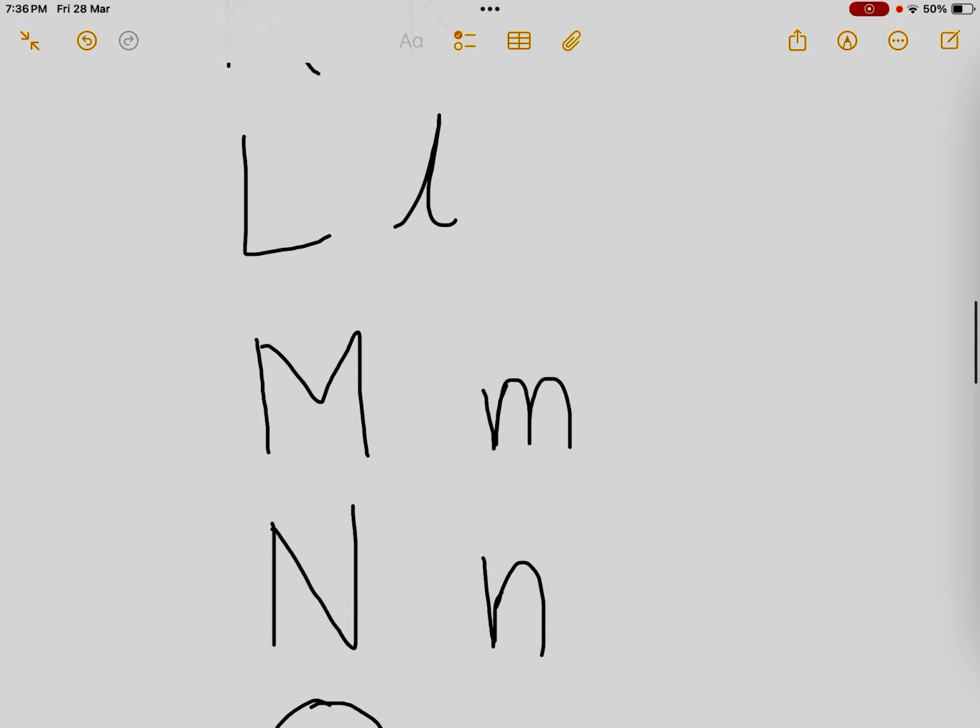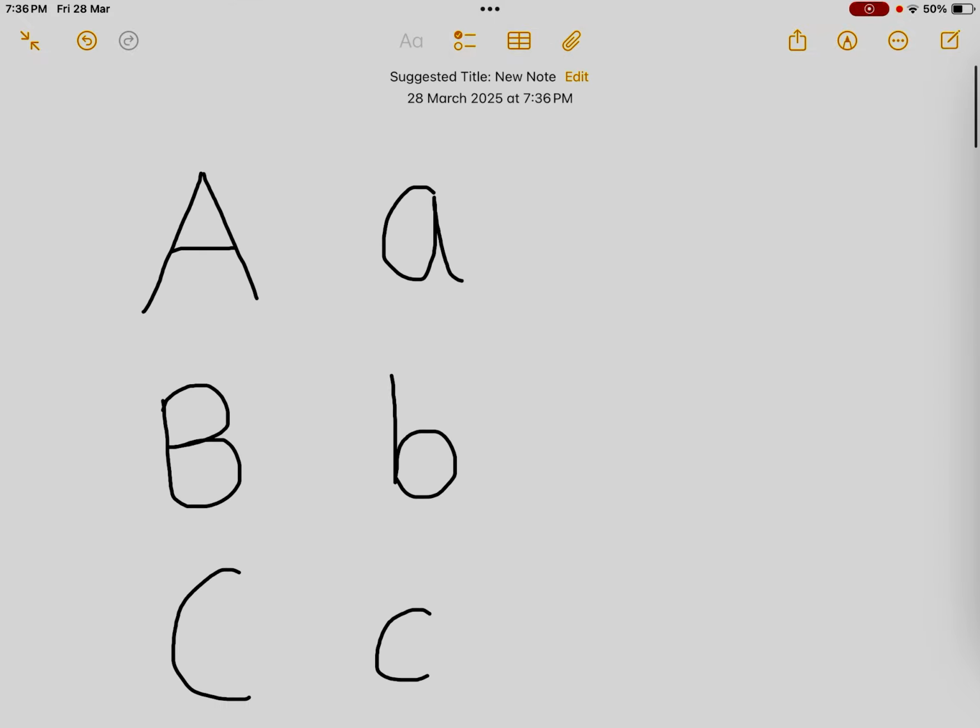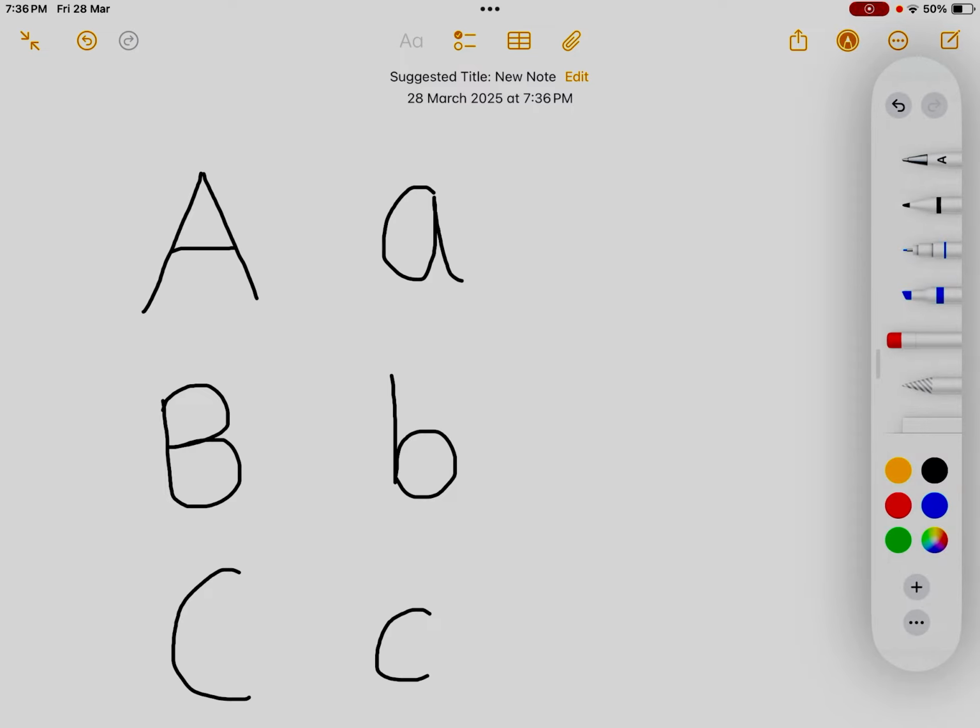Let's revise all. Okay. So first we will start with letter A. Okay.